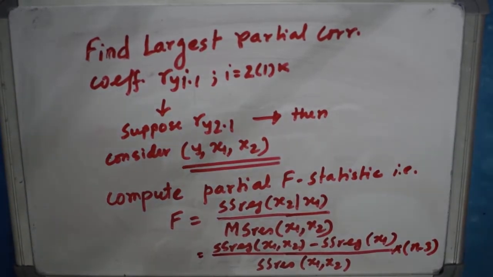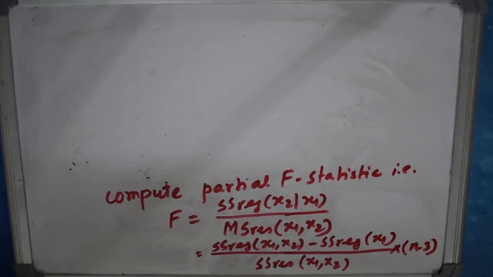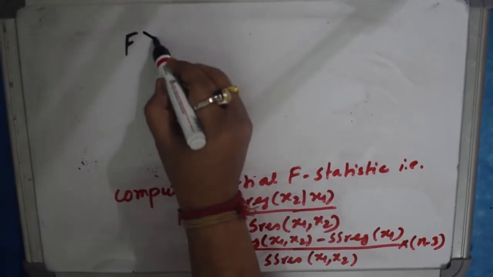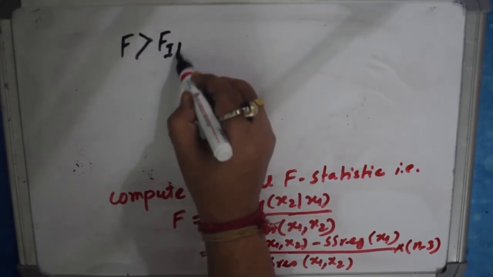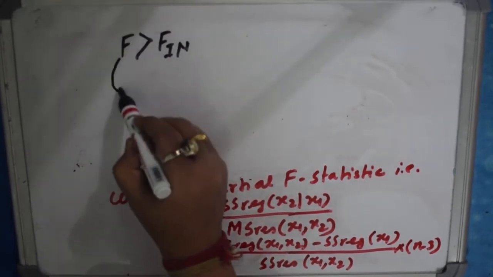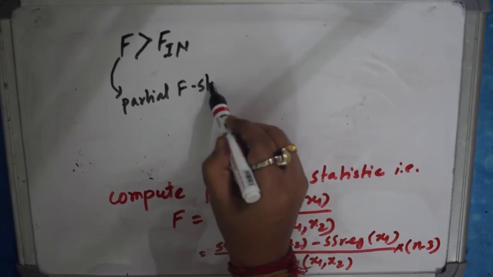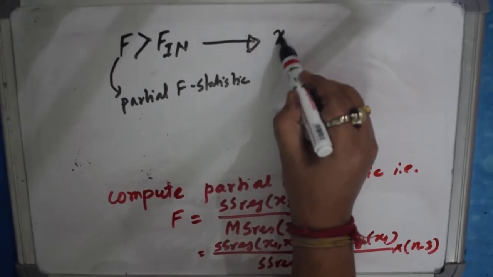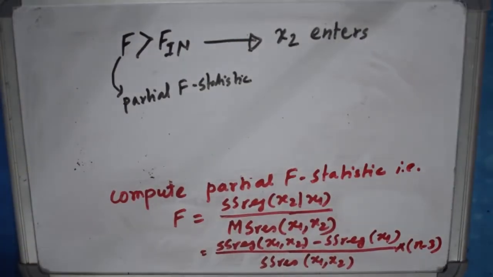If this partial F statistic is greater than Fin, then x2 enters into the model.